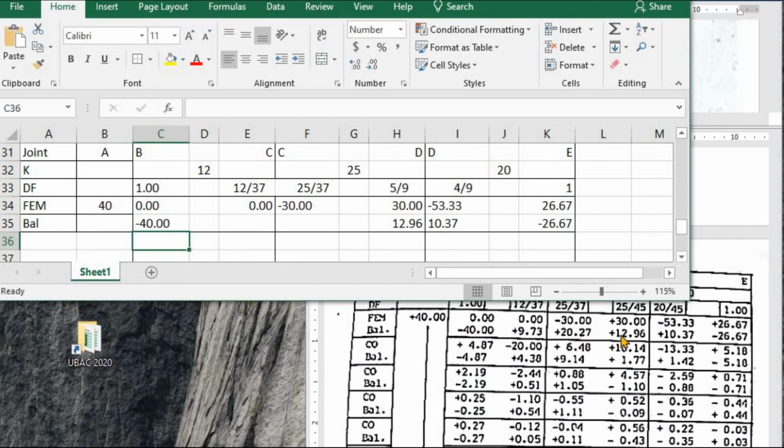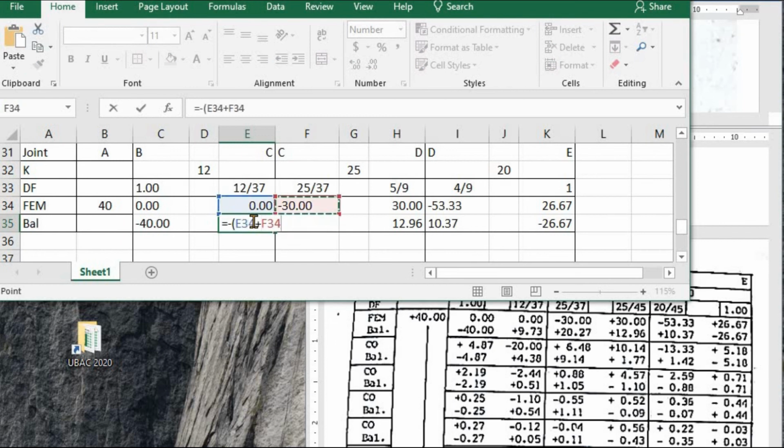Then, positive 12.96, 10.37, minus 26.67. Next, at point C, equal sign, negative. You add these fixed end moments multiplied by the distribution factor.